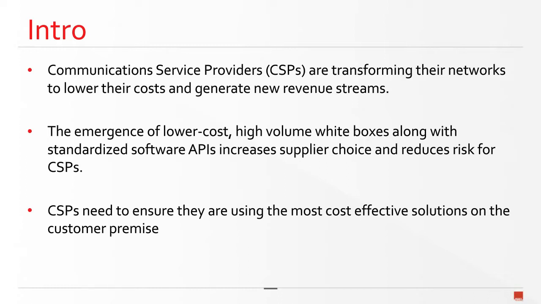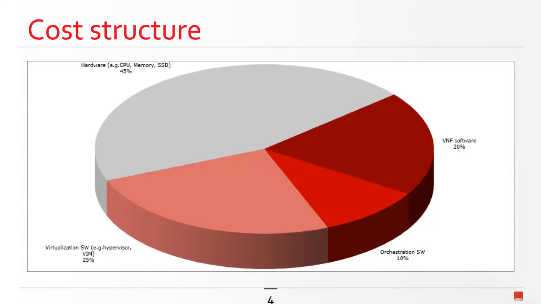One of the areas where white boxes are being deployed first is on the customer premise. And because of the large number of sites, CSPs need to ensure that they have a cost-optimized UCPE platform to make sure that their network services are profitable. This chart here shows what we believe is a reasonable estimate of the acquisition costs of a UCPE platform.